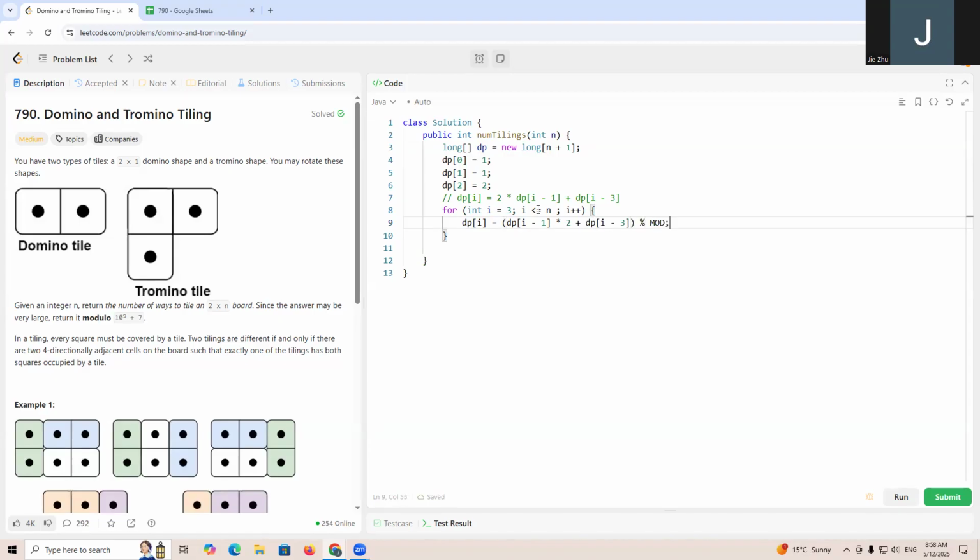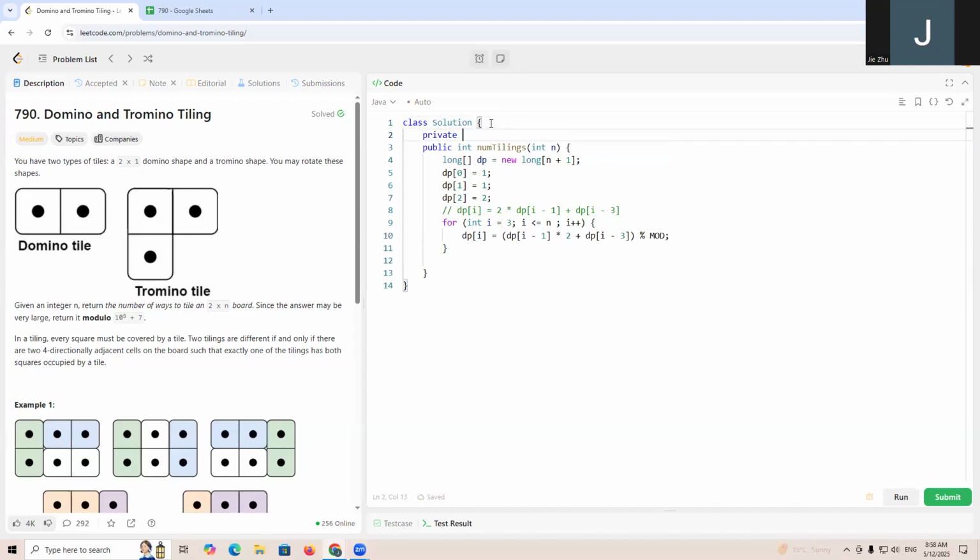Because this is big, we have a private static int mod equals 10^9 plus 7.